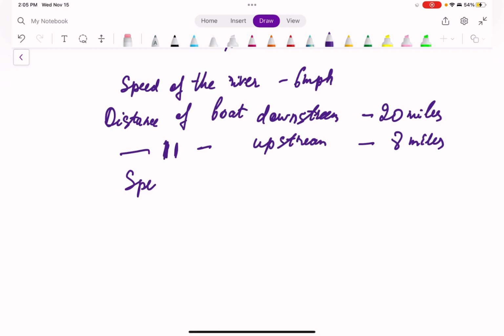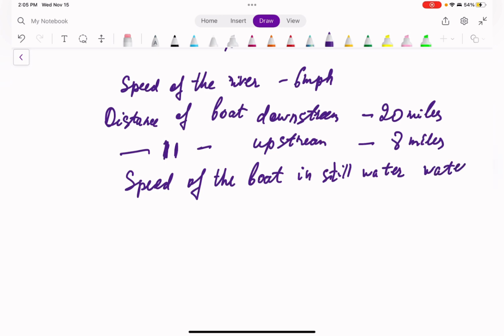Speed of the boat in still water. X miles per hour.